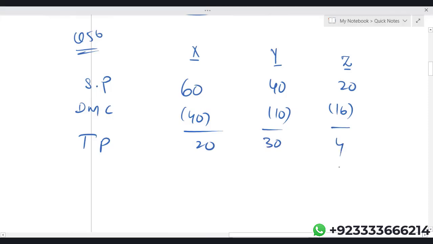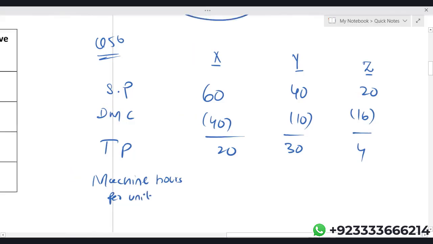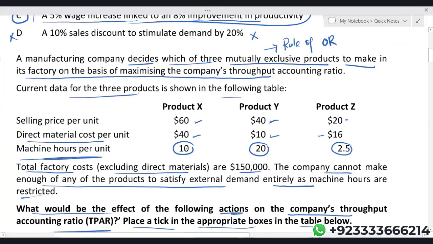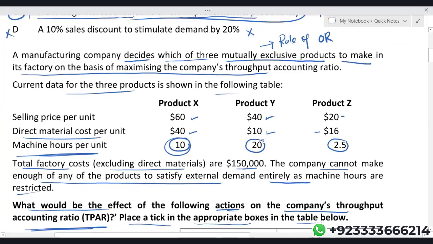Machine hours per unit is the bottleneck, meaning the limiting factor: 10, 20, and 2.5.